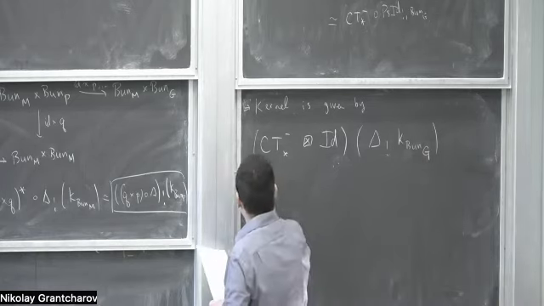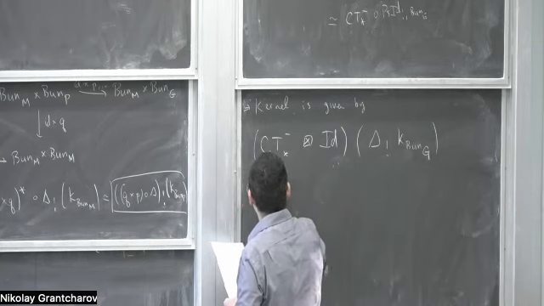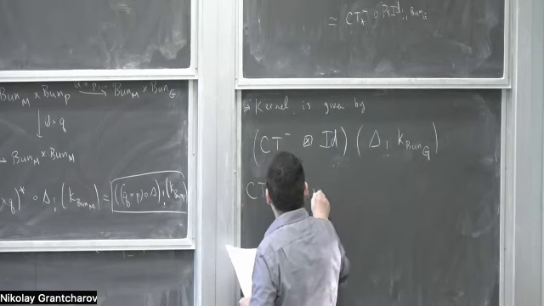So this CT mu minus star is left adjoint.